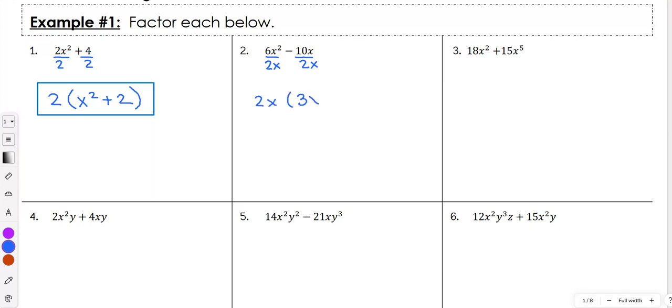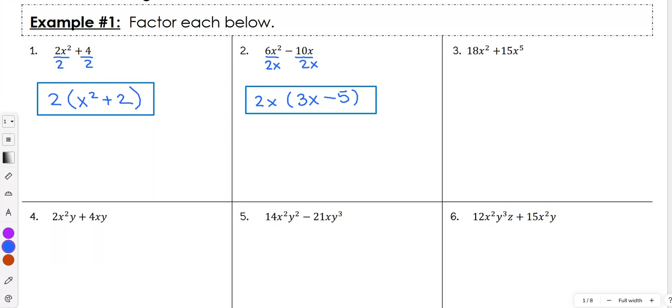We're left with 3x minus 5, right? Whenever we're doing GCF factoring, you're dividing each term by that. If you're good at this process, you don't need to show that division piece. If you find yourself having difficulty seeing why you're getting to a certain destination, then show it.